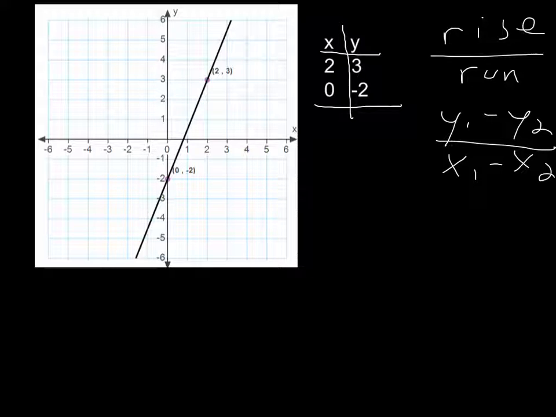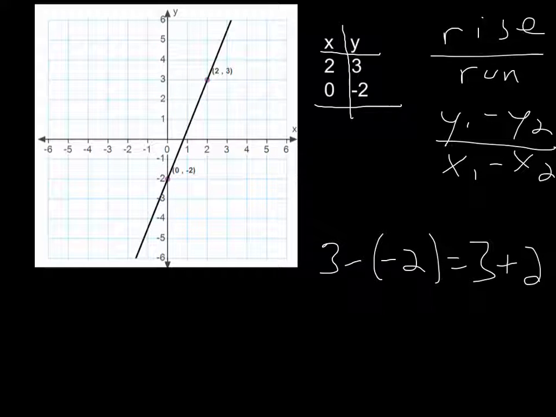Anytime we minus a negative, it's the same as adding a positive. So 3 minus negative 2 is the same as 3 plus 2. 3 minus negative 2 equals 5. And 2 minus 0 equals 2.